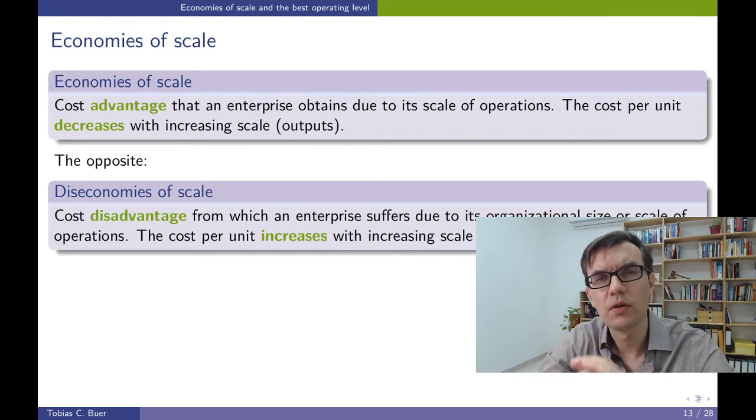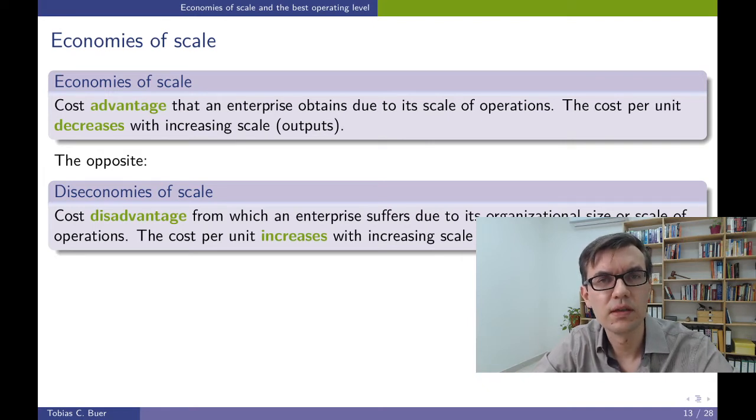So this can be considered as fixed cost. Now, the more students are in my course, the more we can create economies of scale, and the cost per student will be reduced. The more students, the lower the cost per student at a university.